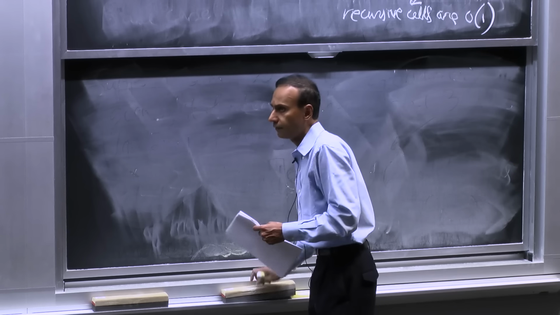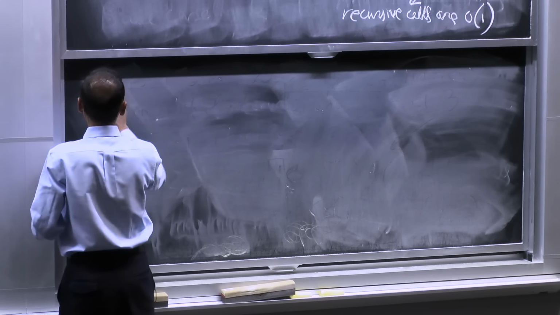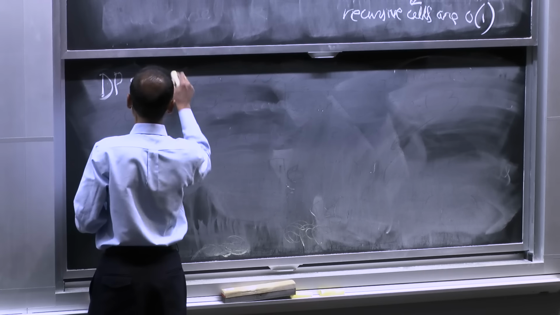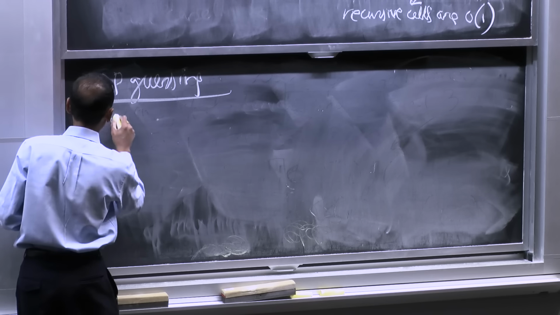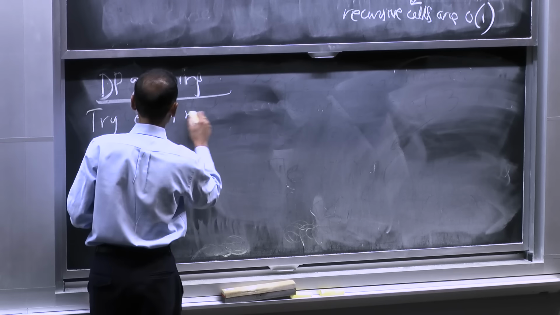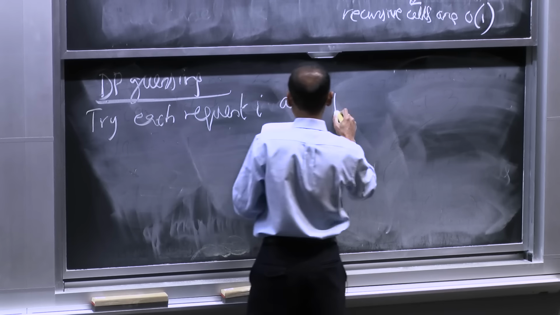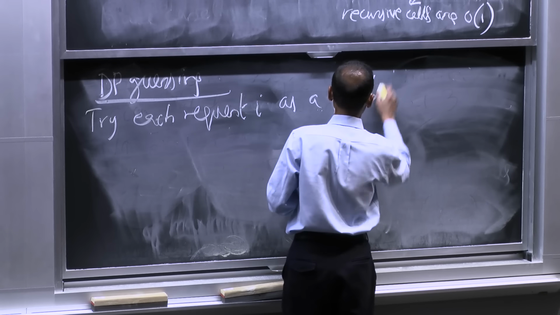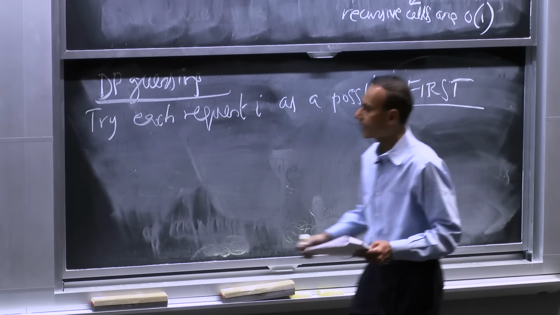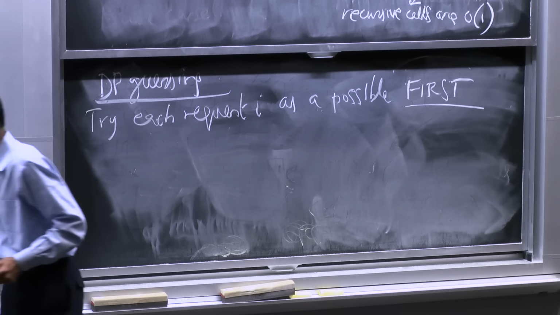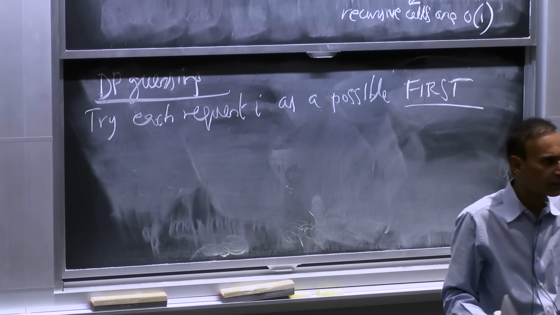And so what we have here is our DP guessing. And we're going to try each request I as a possible first request. And so that's where this works. You might be thinking, boy, this R of f of I looks a little strange.